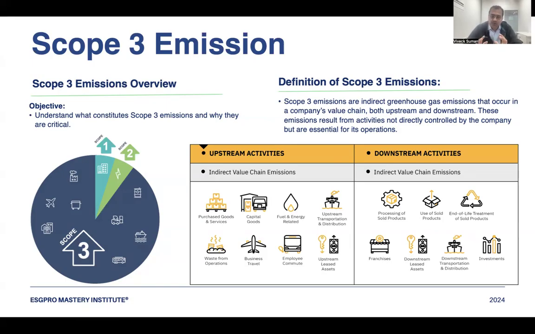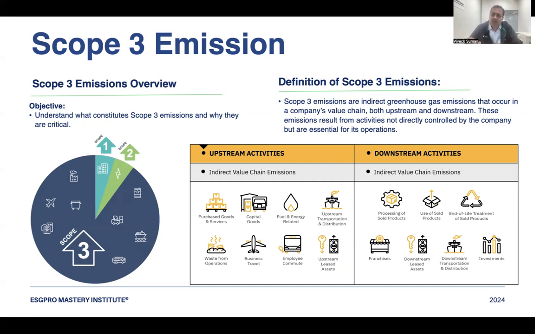Now, whenever we talk about scope 3, we talk about distinct features of it. This relates to the supply chain network of our businesses. One is owned, which is scope 1. Second is indirect, which covers scope 2 and scope 3.